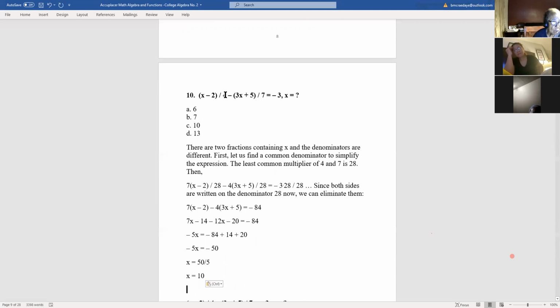So the 4, you're going to multiply this numerator by 7. And this one, you're going to multiply by 4.